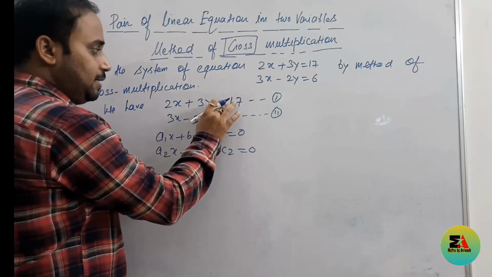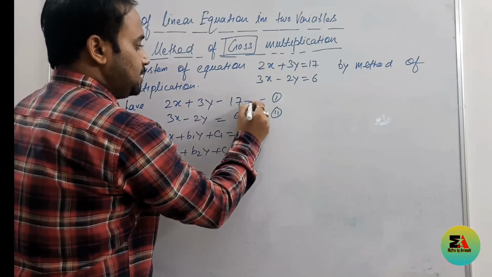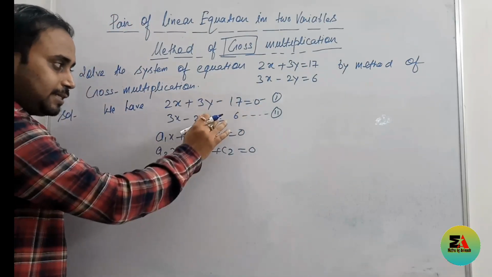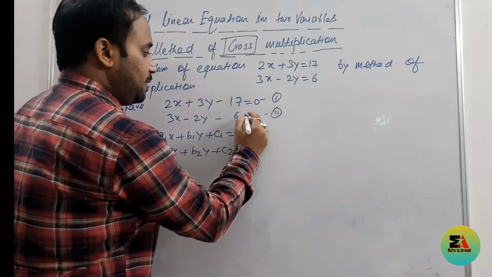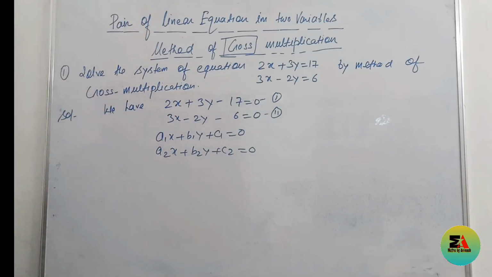How? Just 17 comes here and becomes minus 17, and it becomes 0. This 6 comes here, it becomes minus 6, and this becomes 0. Clear?